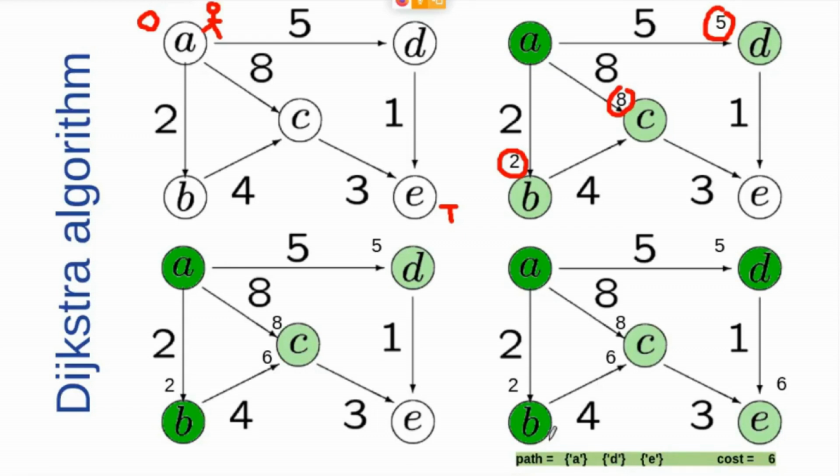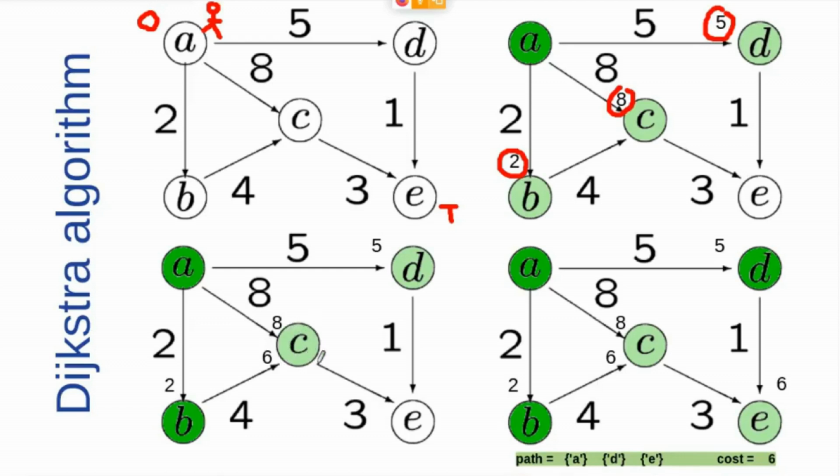Well, now I'm going to consider all the neighbors of B, right? So I add the neighbors of B to the candidate list. Here, the candidate list was B, C, and D, right? Now the candidate list is C and D because I have decided about B, right? So then I will do the following.